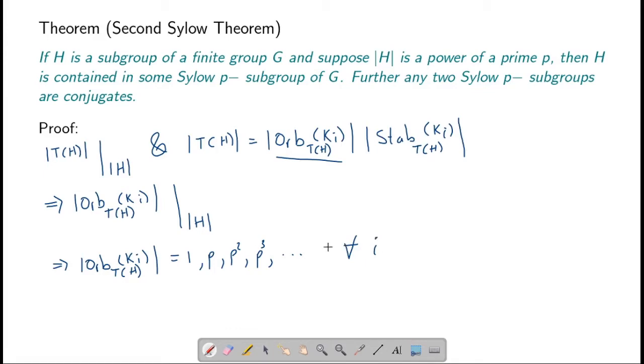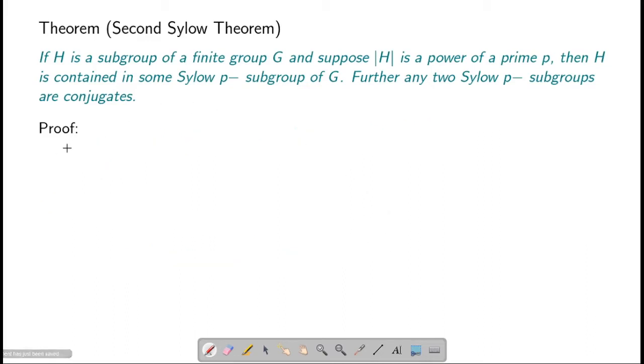Now, the next thing we notice is that the orbits partition C, which means that the number of elements in C is going to be the sum of the number of elements in the distinct orbits. So when I write this sum, I mean the distinct orbits.